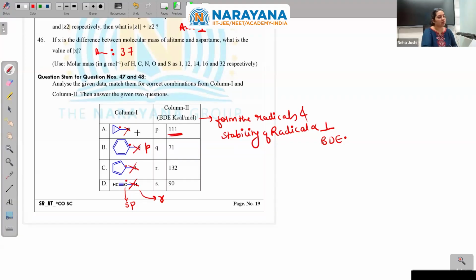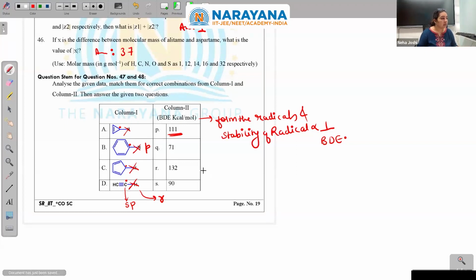So this is how we'll start approaching the question, how to find the values for the different stabilities, and then we proceed: whichever is more stable should have the lesser value of BDE. Right? So that is how we are taking the answer.